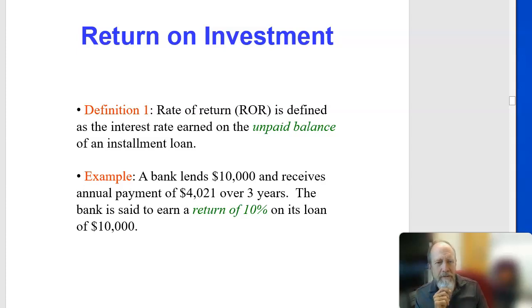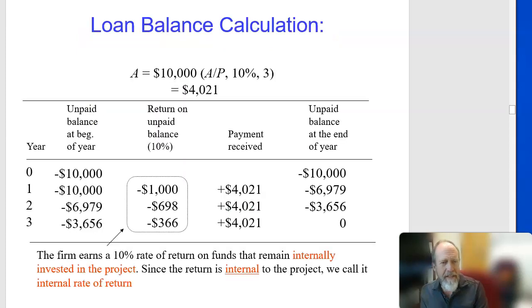If you lend $10,000 and receive annual payments of $4,021 over the period of 3 years, I think you can calculate that that's going to be a ROI of 10%. Okay, I expect you to be able to calculate that. Annual payments of $4,021 over 3 years. Okay, you can get that to present worth. It means you can do this.